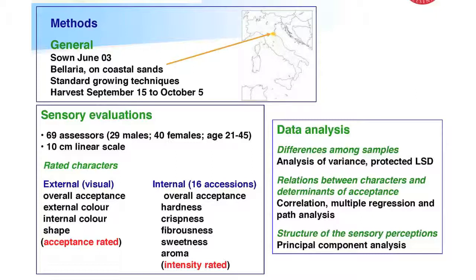The overall acceptance was evaluated both for visual and for internal characters. The visual characters assessed were external color, internal color, and shape, and here the acceptance was rated. For the internal characters: hardness, crispness, fibrousness, sweetness, and aroma. Here the intensity, so the perception of the character, was rated.